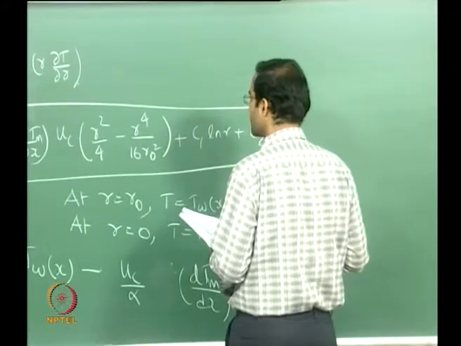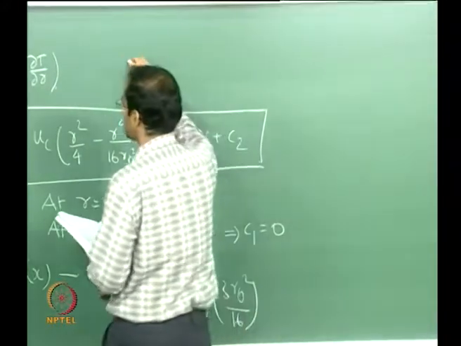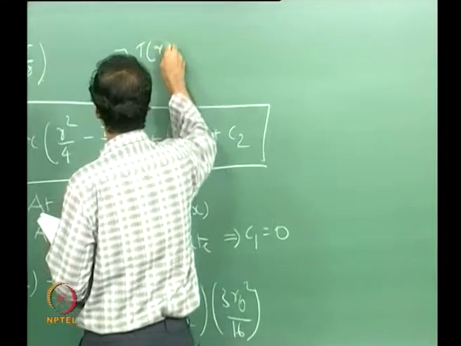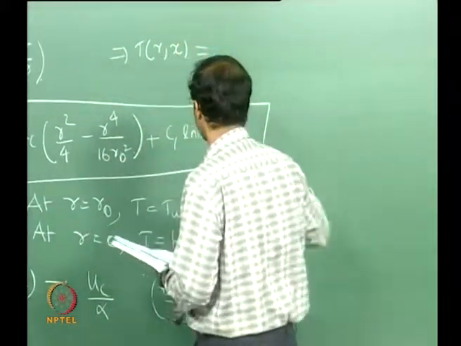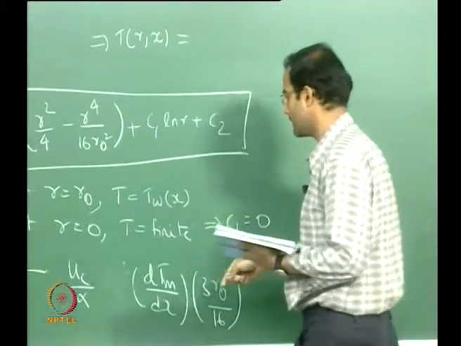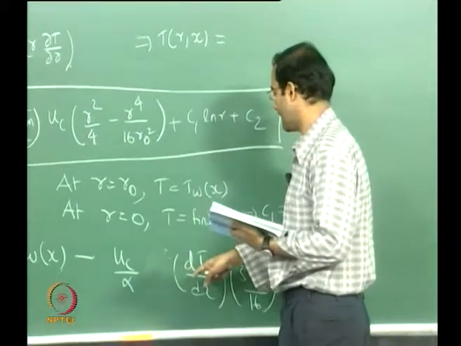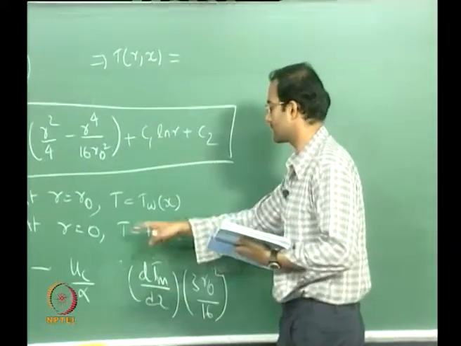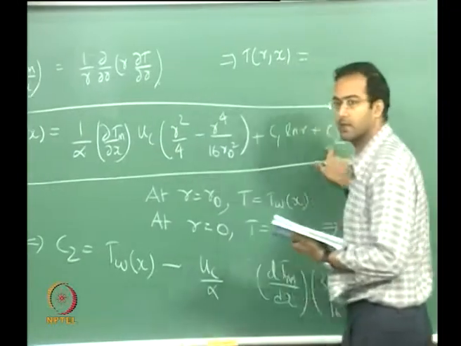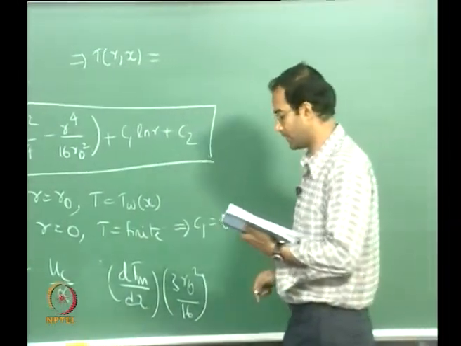If C1 is anyway 0, then T of r comma x, so you can substitute for C2, and you see uc by alpha dTm by dx. This is a common term here and here, so that can be just taken out as a common term.